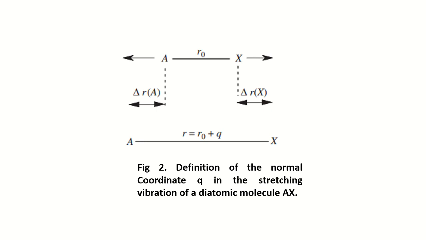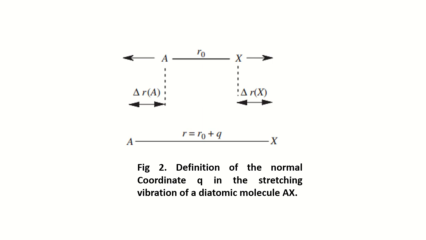One can consider the two nuclei in the AX bond to be attracted by an imaginary spring that allows them to simultaneously stretch to their maximum amplitude, pass back through their equilibrium bond length, and then contract to some minimum distance in sync with one another.